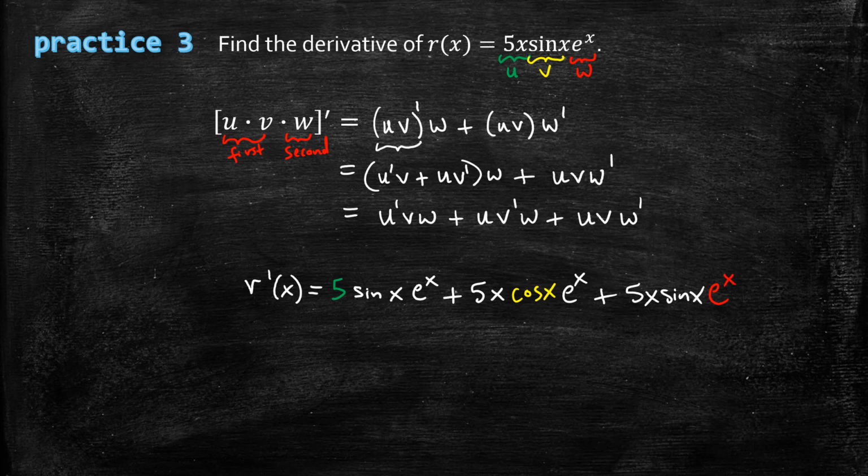And there's your answer. You could leave it like that. Then there's no like terms or anything, but if you wanted to tidy up a bit, you could take out 5e to the x, and you get sine x plus x cosine x plus x sine x.